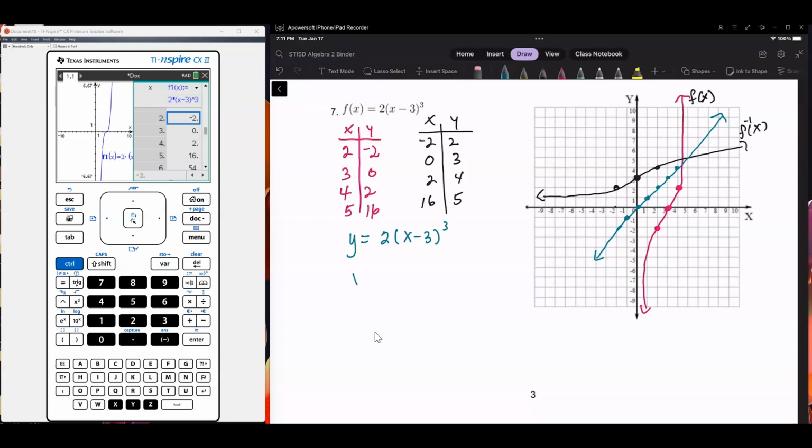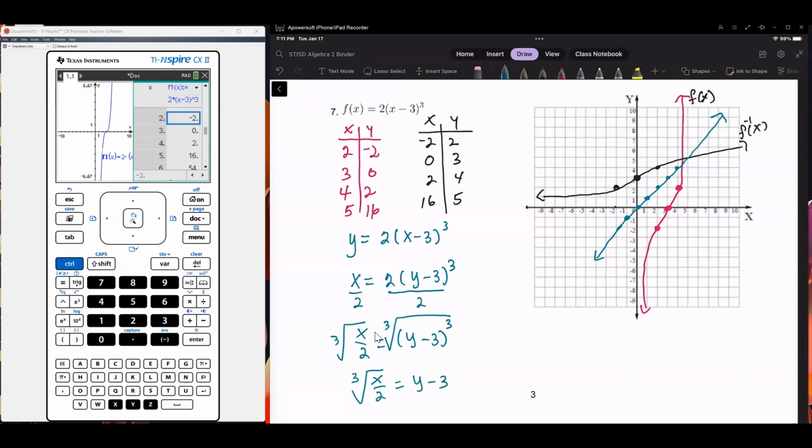So to find the inverse, we got to switch. So we have x equals 2 parentheses y minus 3 to the third power. We got to solve for y, so we have to divide by 2. So we have x over 2 equals y minus 3 to the third power. And we know that we need to get the cube root. So it's going to be the cube root of x over 2 equals y minus 3.